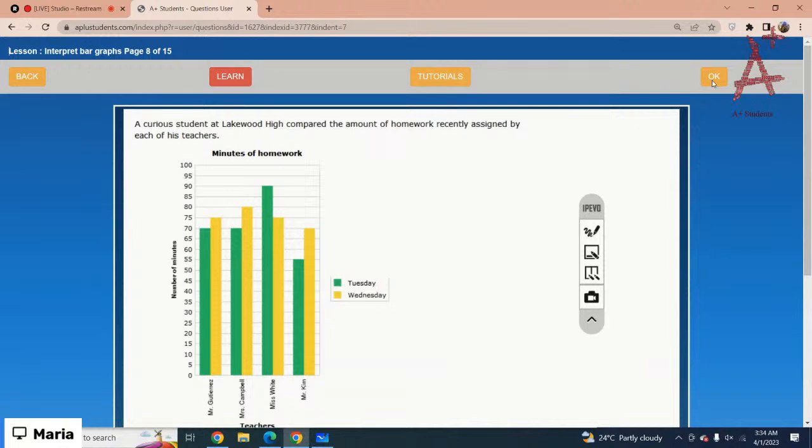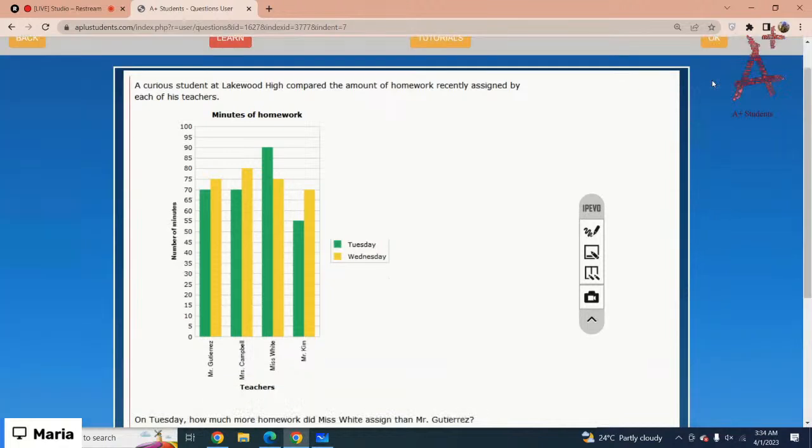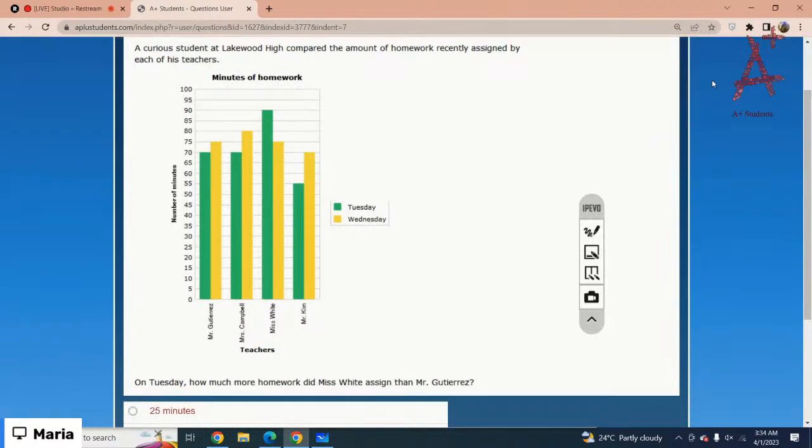Okay, a curious student at Lakewood High compared the amount of homework assigned by each of his teachers. On Tuesday, how much more homework did Miss White assign than Mr. Graves? The green one is for Tuesday.